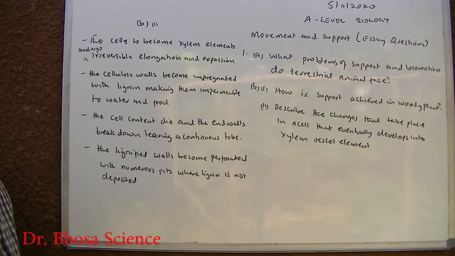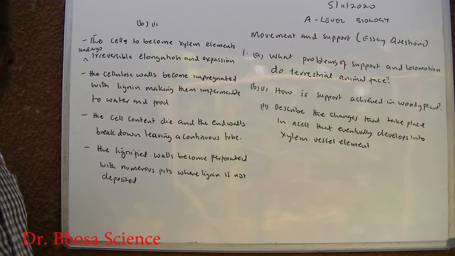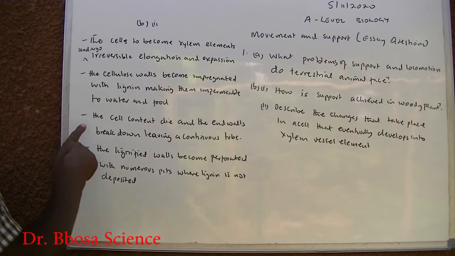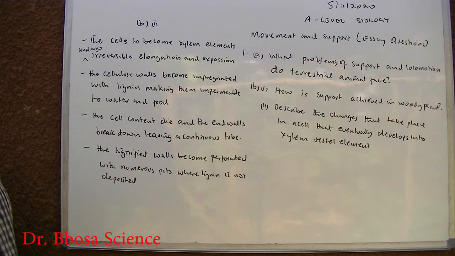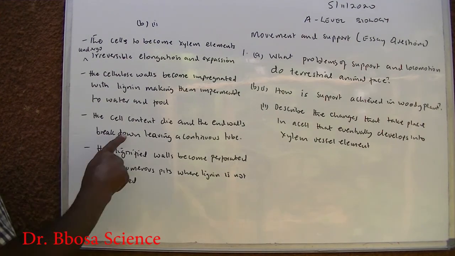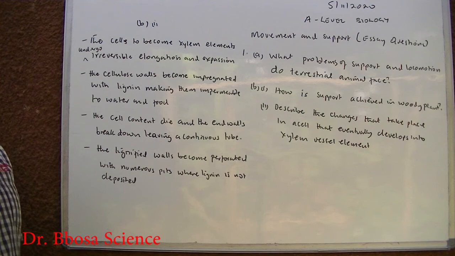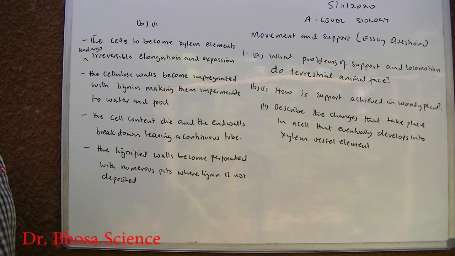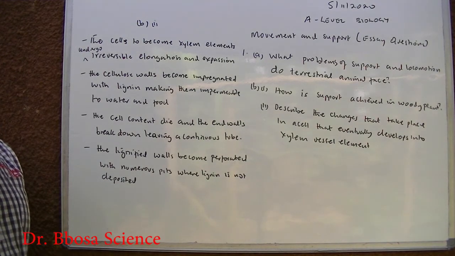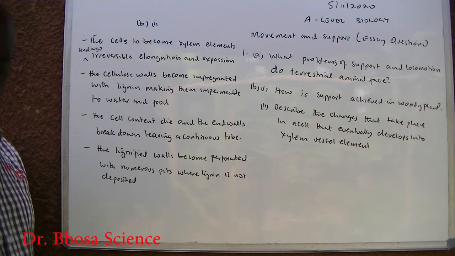The cellulose wall becomes impregnated with lignin, making it impermeable to water and food. The cell content dies and end walls break down, leaving a continuous tube. The lignified walls become perforated with numerous pits where lignin is not deposited.